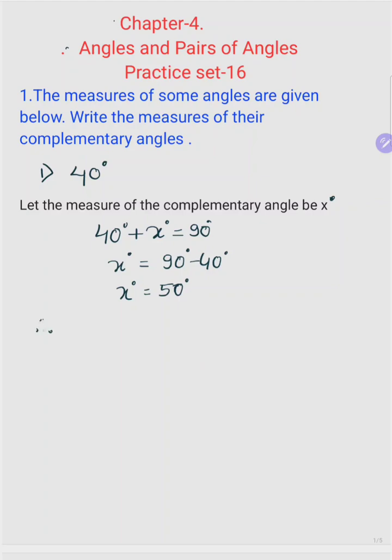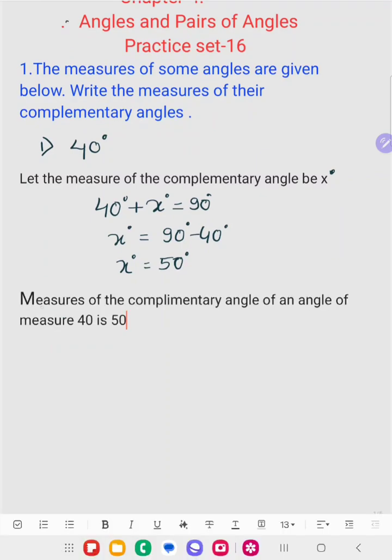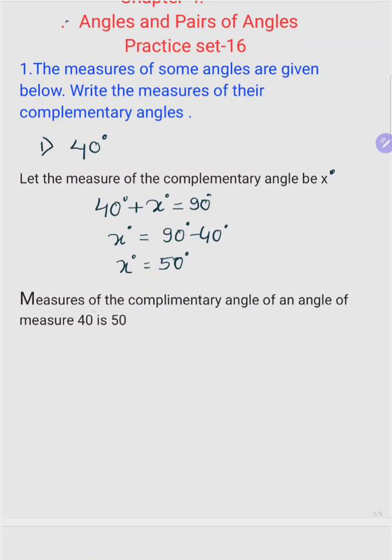So the measure of the complementary angle of an angle of 40 degree is 50 degree.